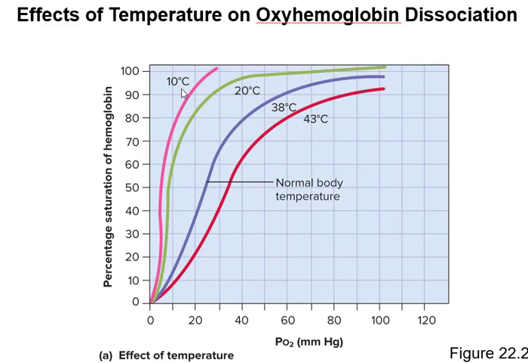The person would be dead. And obviously at 10 degrees, that would be way too cold, and you would also be dead. But they're just showing you, if you take the blood out, the hemoglobin out, and play with it with the oxygen, that these are the kind of curves you get. So the warmer you are, the more oxygen will be released.